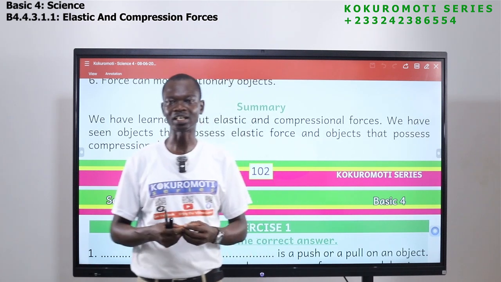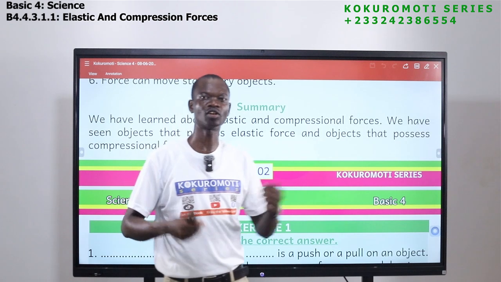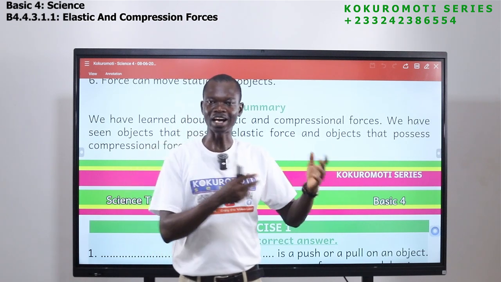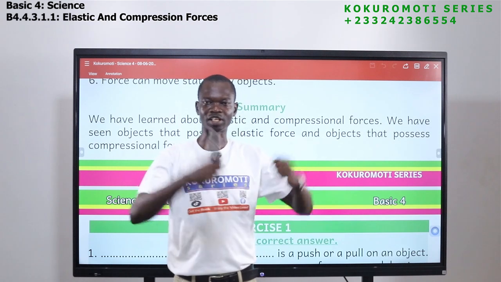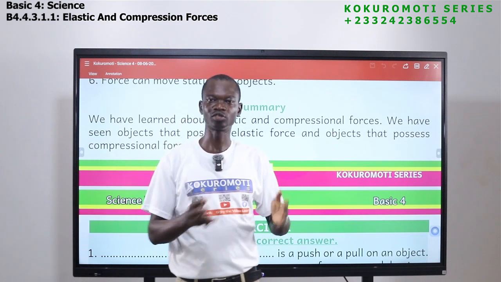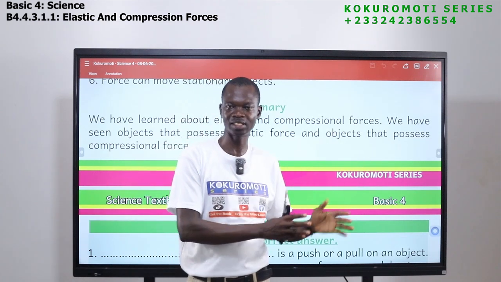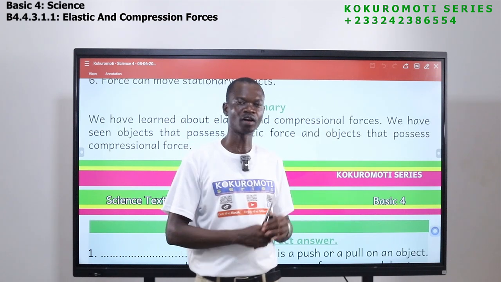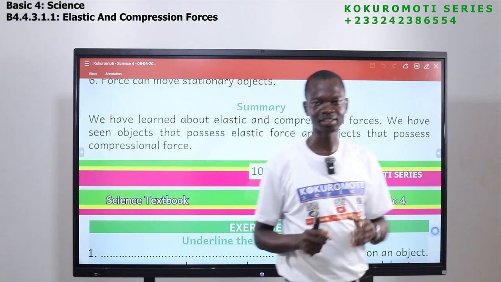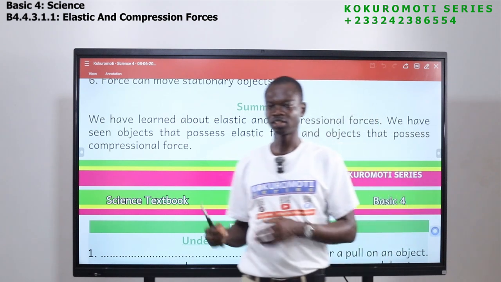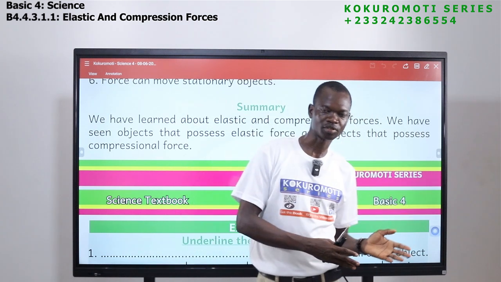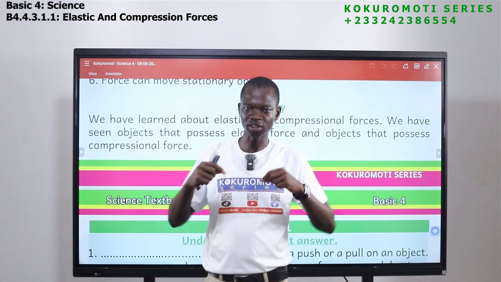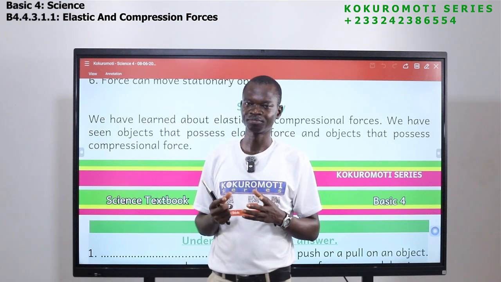We have also seen that catapults and the rest can all be stretched, and because of that, they have elastic force. After stretching, they come back to their original shape and size. So today that is what we have learned about two types of forces, compressional force and elastic force. Listen to me. The elastic force is a force inside the object.